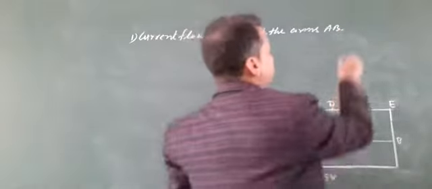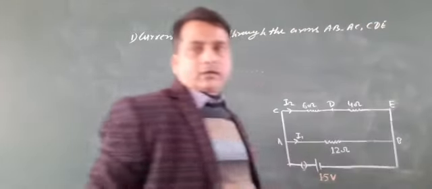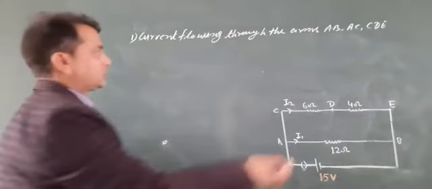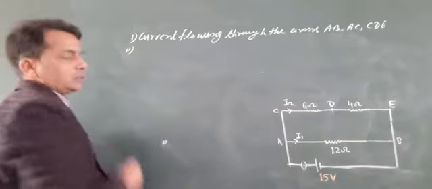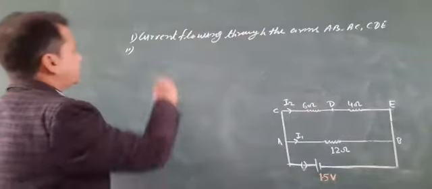And the next question: the potential difference across AB, CD and DE.